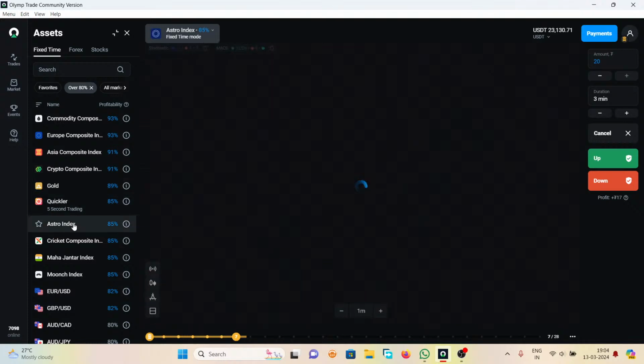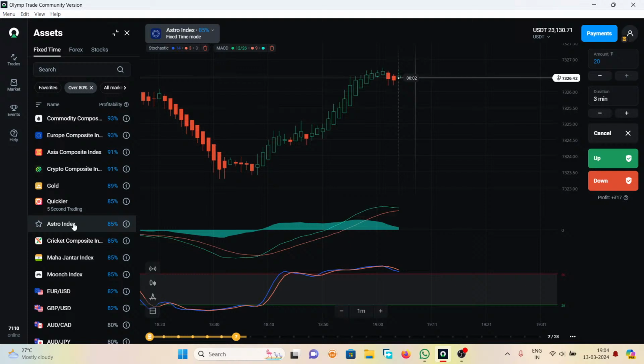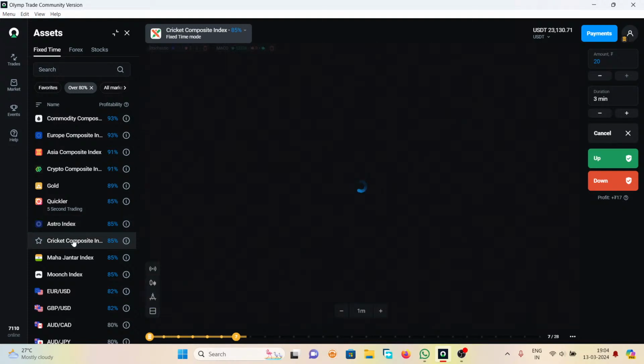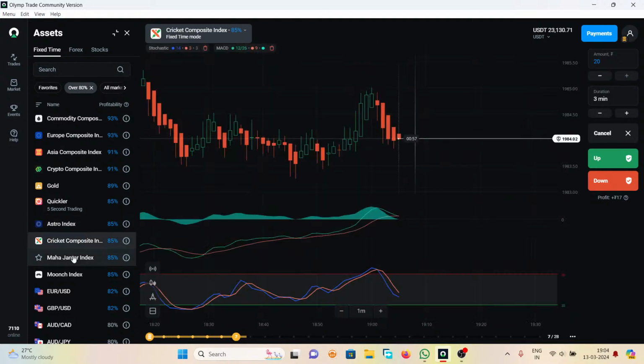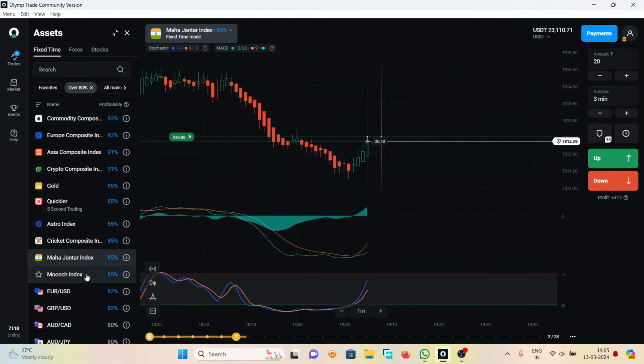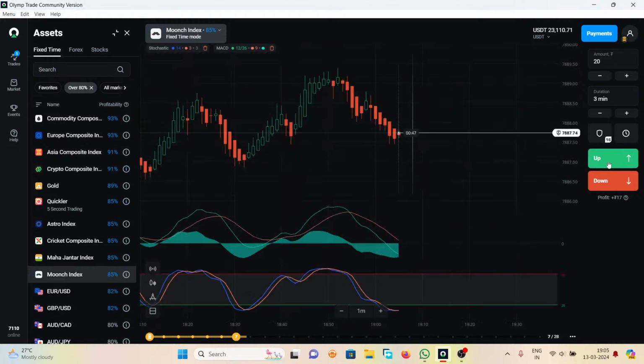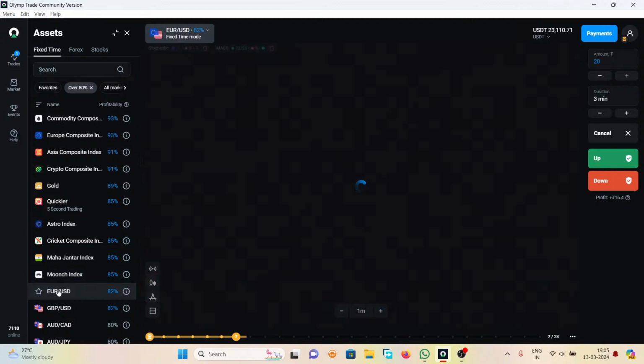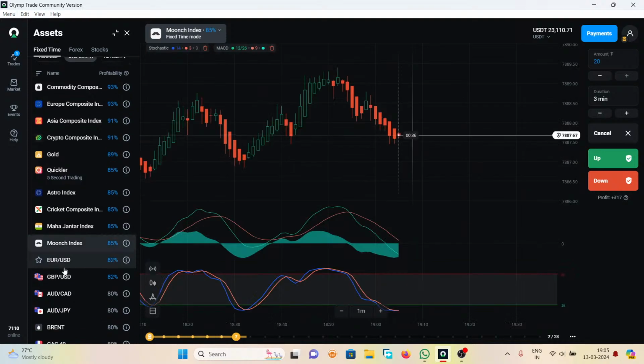One more thing I would like to suggest: whenever you are trading, guys, please do not bind yourself to only one asset. Most traders think they should open trades only on high profitability assets. Do not focus on the high profitability asset; focus on the number of profitable trades. So go with the numbers, don't go with the high profitability of the assets.